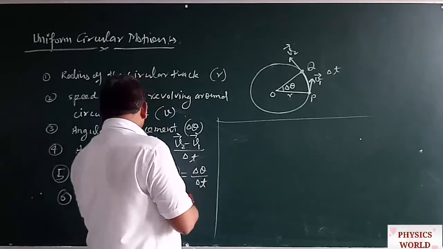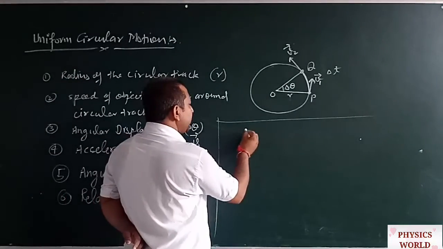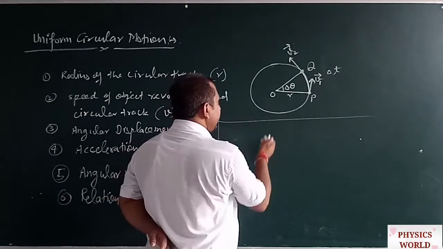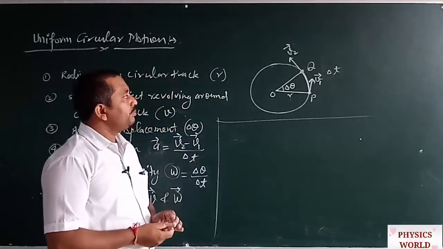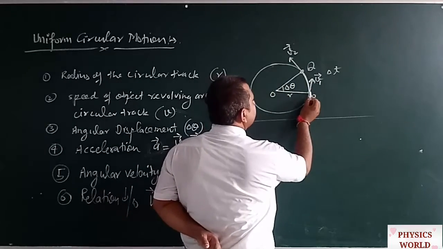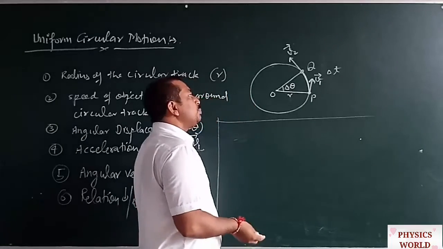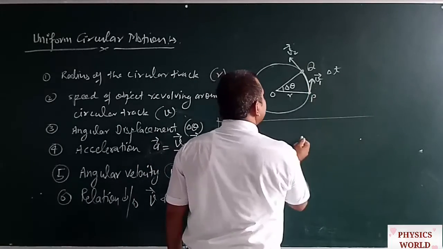Now we have to derive a simple formula between v and omega. So what is the relation between v and omega? To derive it, let us assume that the object starts its motion from point P and goes to point Q, then how much displacement is created by the particle?